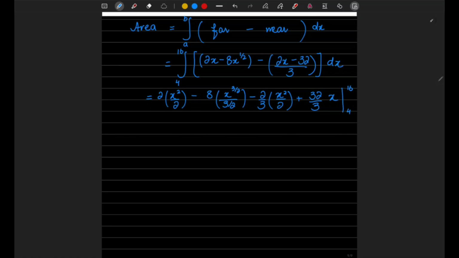So we need to apply the limits 4 to 16. Now just simplify it further. 2 and 2 cancel out, we get x square, then minus 16 over 3 x to the power 3 over 2, minus 1 over 3 x square, plus 32 over 3 x.